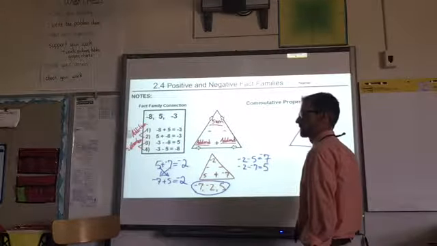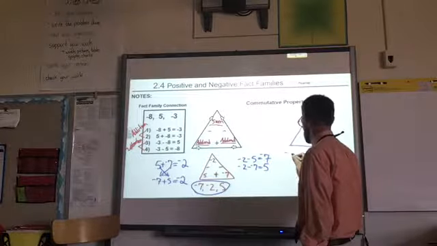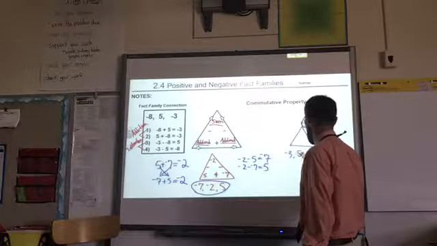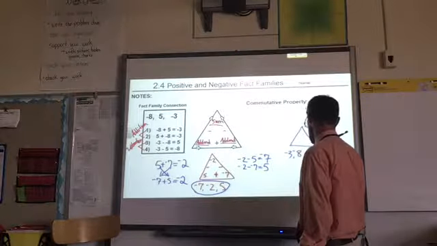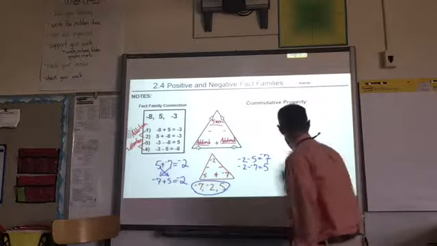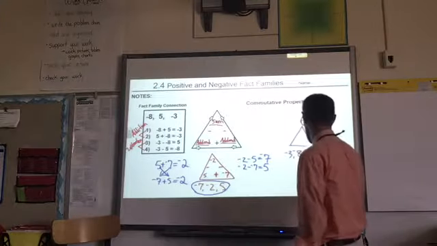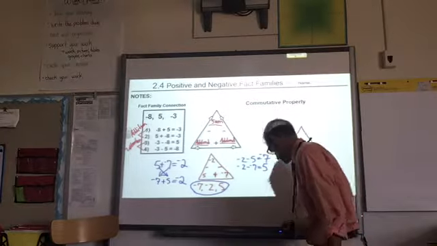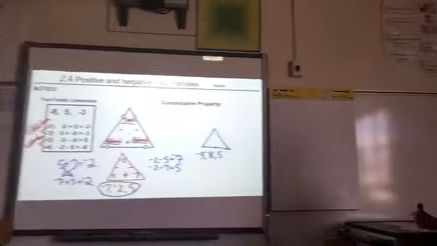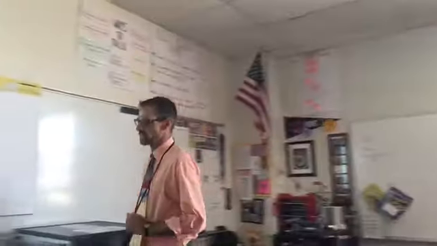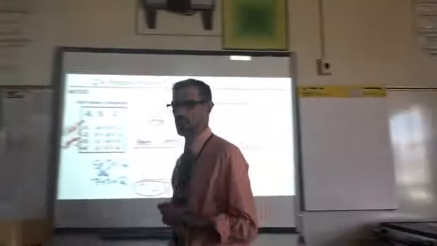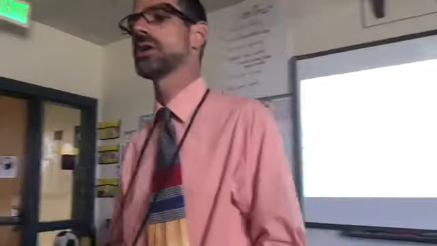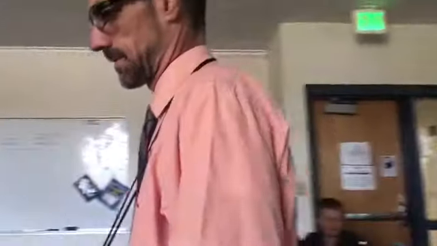It will be negative 3, negative 8, and 5. Okay. Find out which one is the sum. Fill in your fact triangle, and then make your 4 number sentences.